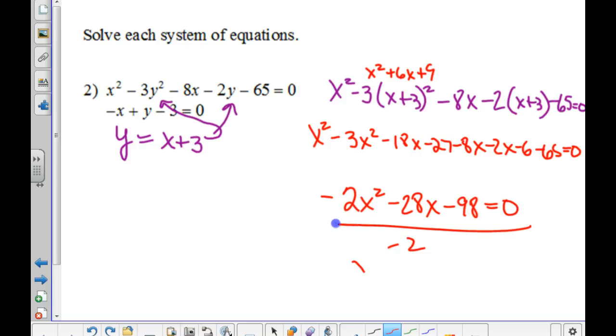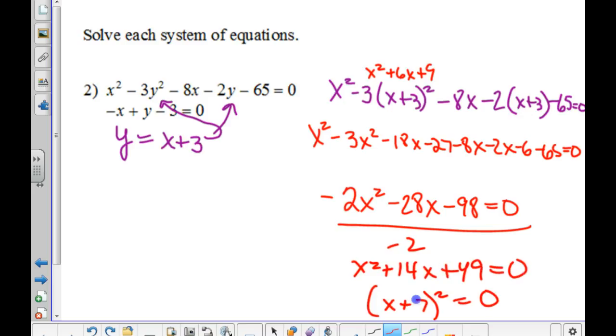If we divide it, we get x squared plus 14x plus 49. So we got one solution, like I suggested when I did this question earlier today: x equals negative 7. If I plug that back in here, I got negative 7 plus 3 is negative 4.